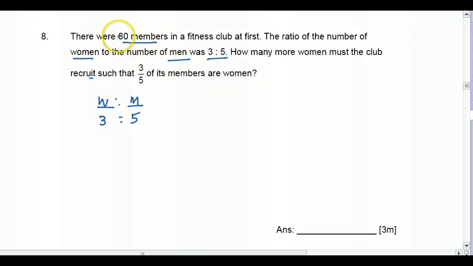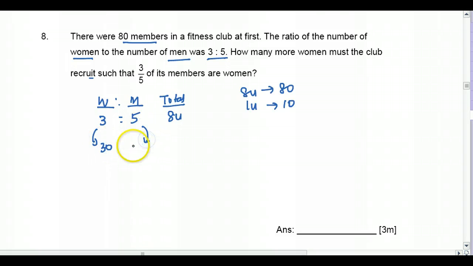And I know that my total number of members is 80. My total number of units will be 8 units. So my 8 units is my 80. 1 unit is 10. From here I know my women is 3 times 10, which is 30. My men will be 50.